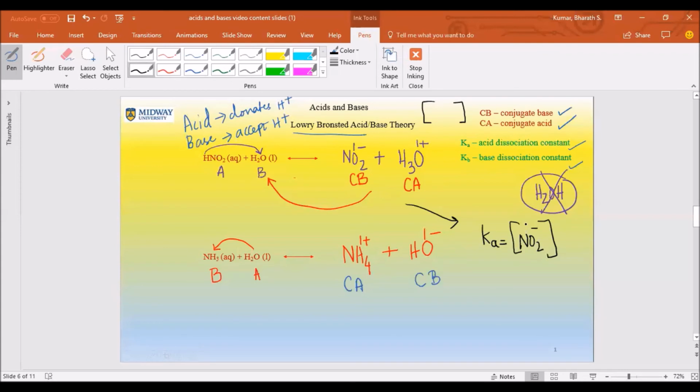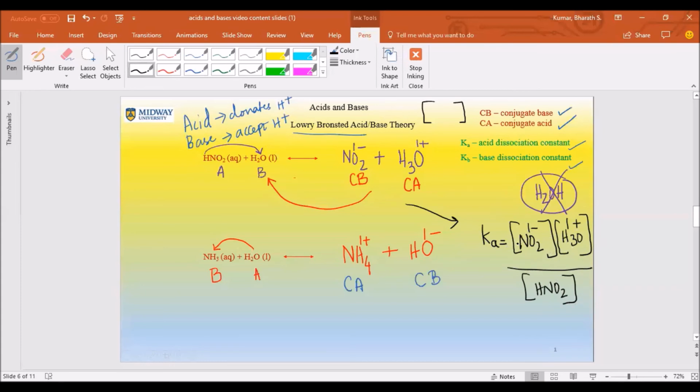So it's NO2 1 minus, that's in the products. If you still don't know which ones are products, again, that's a red flag. You need to drop the course. This is products, this is reactants, and the concentration of HNO2. You see I did not write water in the products. This is the way it's written.